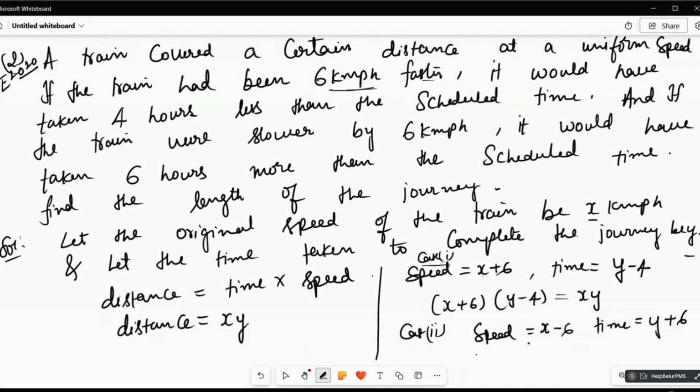So in this case, the distance is x minus 6 into y plus 6, because distance is speed into time. That is equal to the usual distance, x into y. This is the first equation, and this is the second. Now simplify that, and you will get the answer.